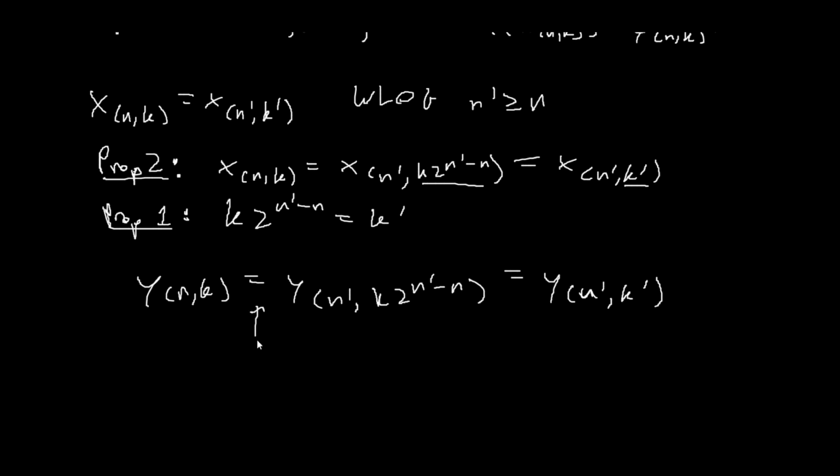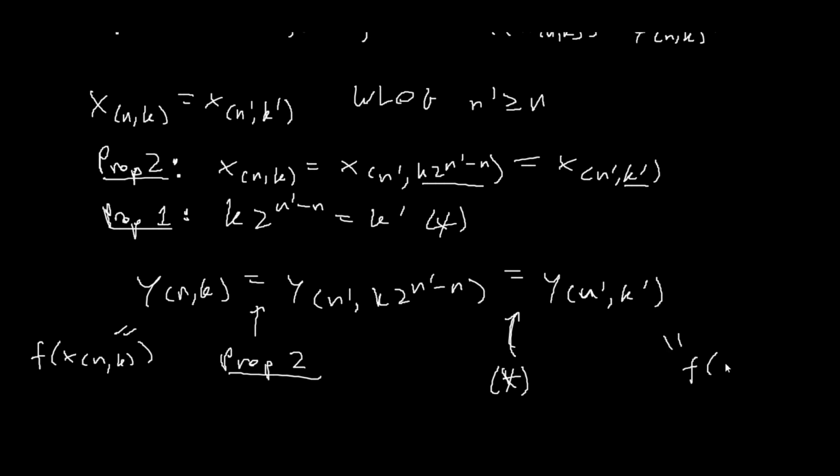This comes from proposition 2, I believe, and this comes from the equality that we've just established. And therefore, this equals f of xn comma k.